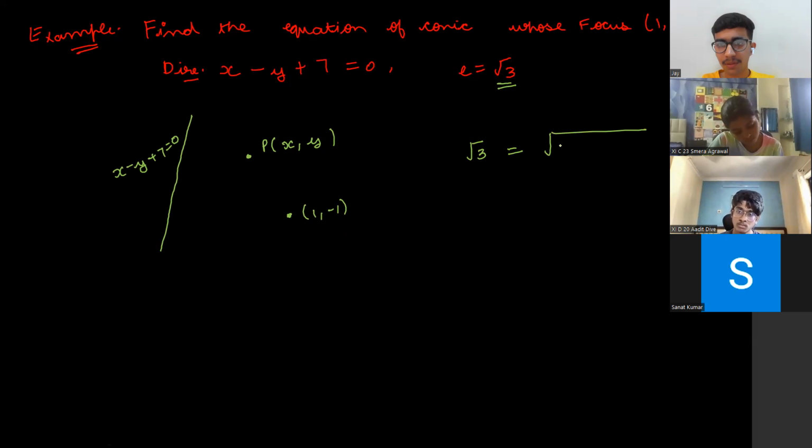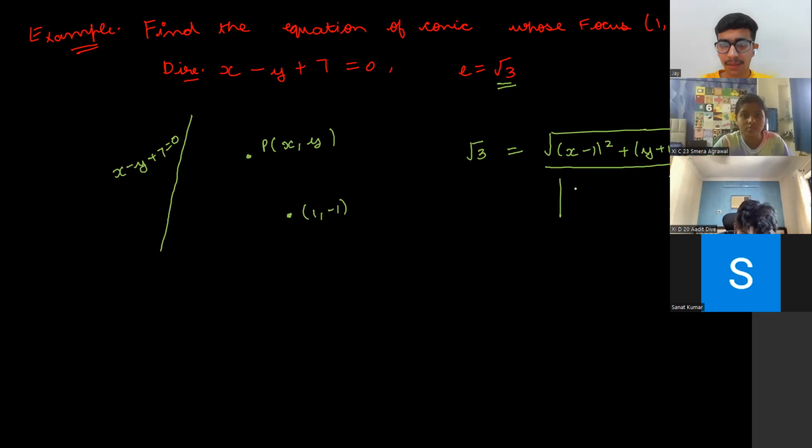So वो क्या हो जाएगा? Square root of x minus 1 the whole square plus y plus 1 the whole square, right? Divided by modulus of the distance of this point with respect to the line.